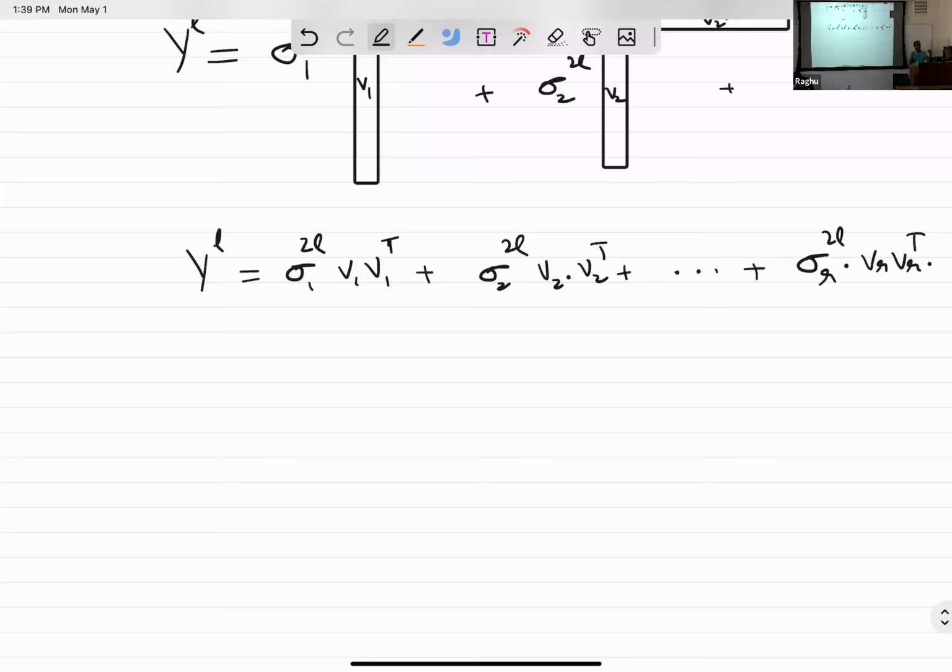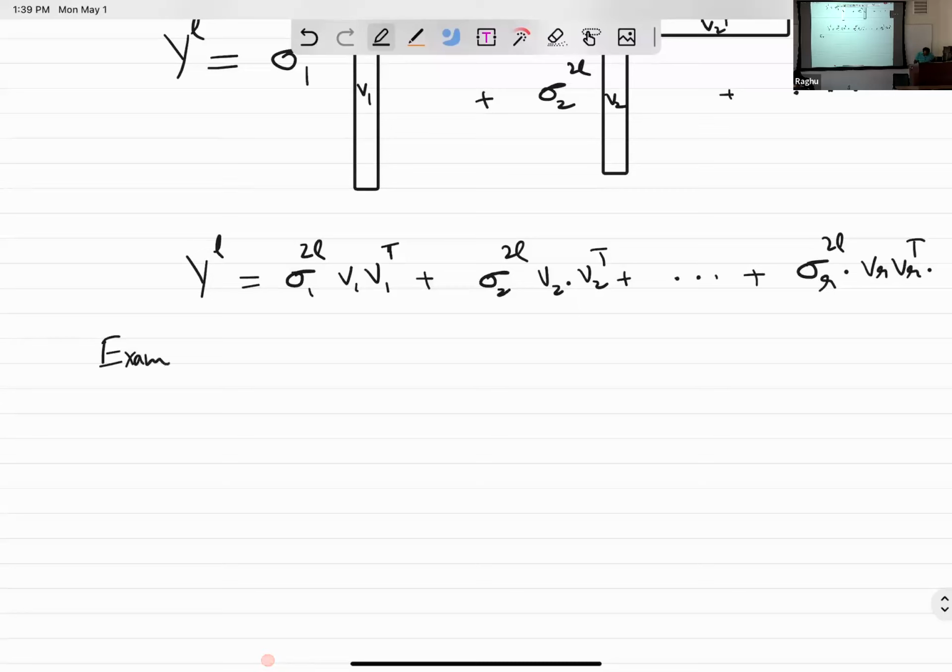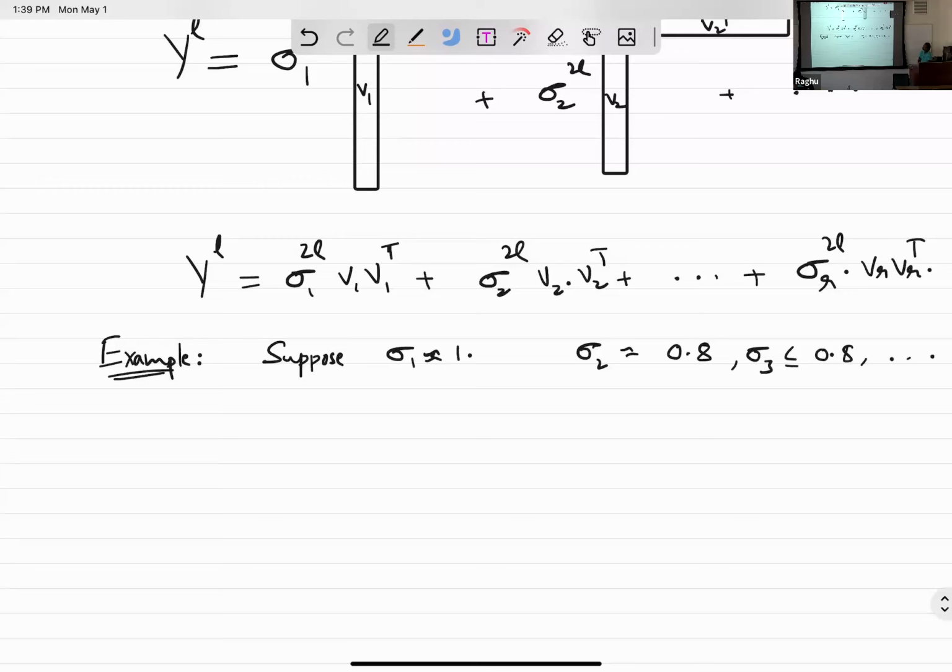They become bigger, but the gaps become even bigger. As an example, just to scale things somewhat, suppose sigma 1 was 1, I'm just normalizing, and maybe sigma 2 was 0.8, and then sigma 3 and so on are even smaller than 0.8.